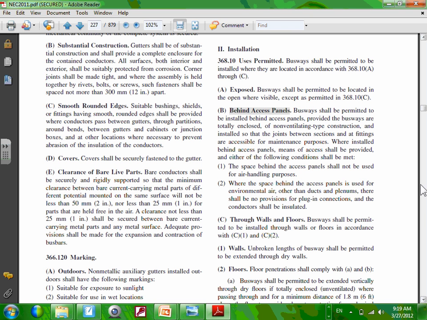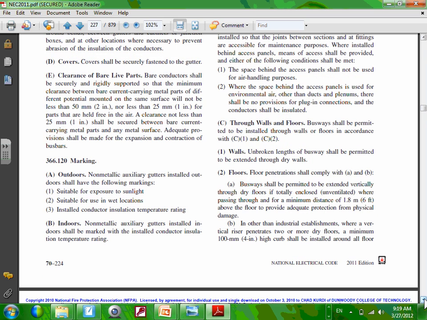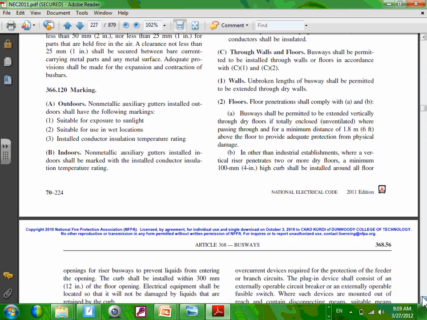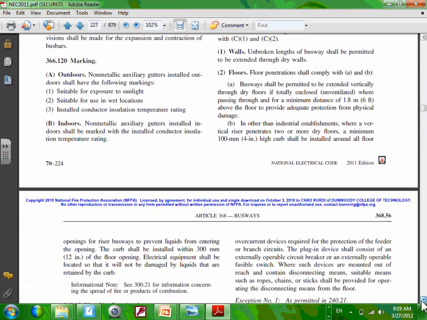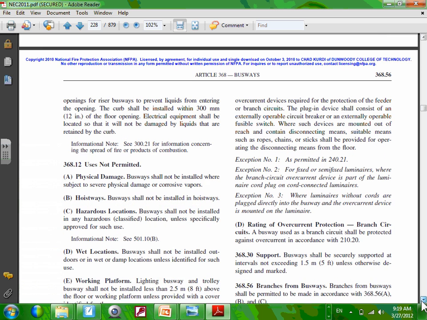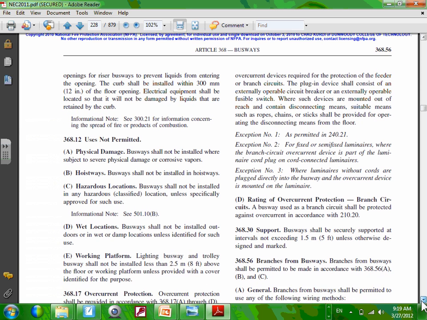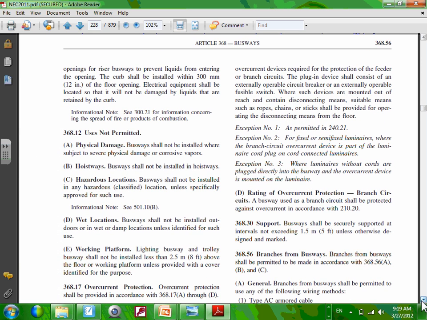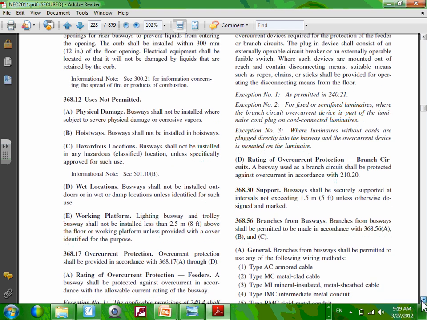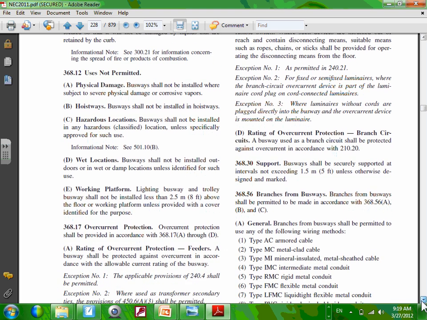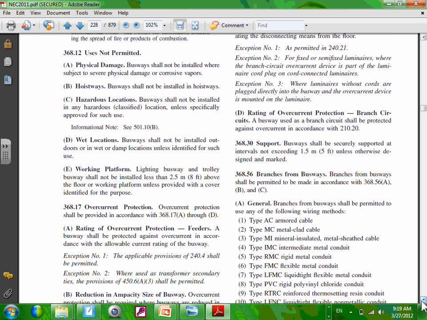So this talks about the use through walls and so forth and floors, and if it's mostly indoor, if it's outdoor, it has to be rated for outdoor use. Use is not permitted if there is physical damage, unless it's listed for that. Hoistways, hazardous location, unless it's listed for this. Wet location, unless it's listed.